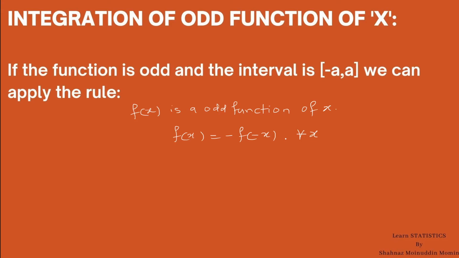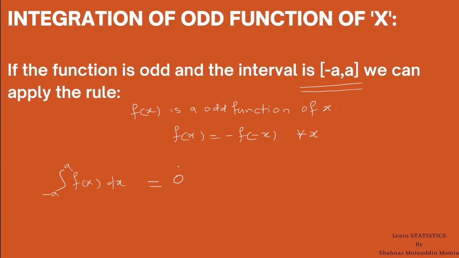Suppose the interval of integration is minus a to a, then we can apply the rule: the integration from minus a to a of f(x) dx is equal to 0.